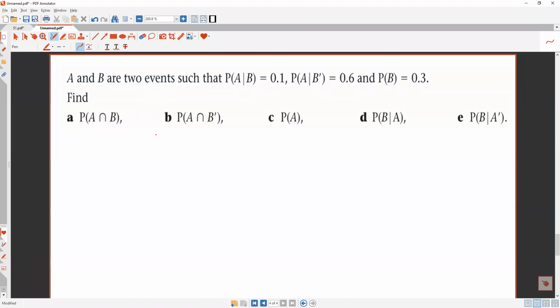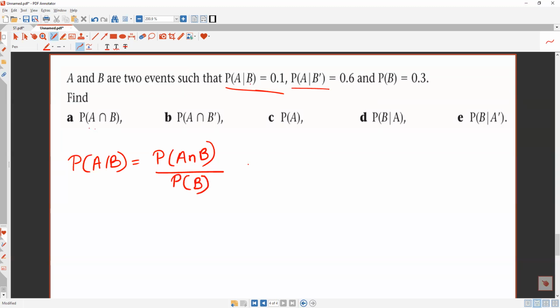Okay, so we were doing this sum, so let's start doing this sum now. Here P(A given B) is given to me, P(A given B complement) is given to me, all these things are given. Now they want A intersection B. To find A intersection B, can I do P(A given B) is equal to P(A intersection B), which I want over here, divided by P(B), which is given to me as well.